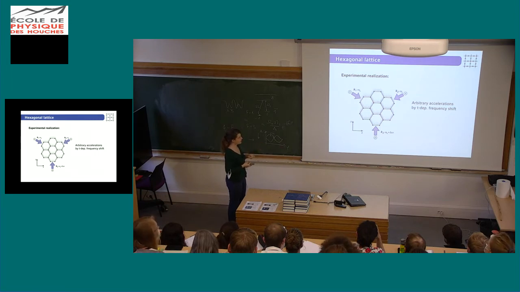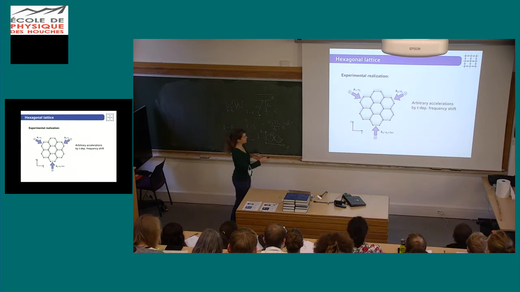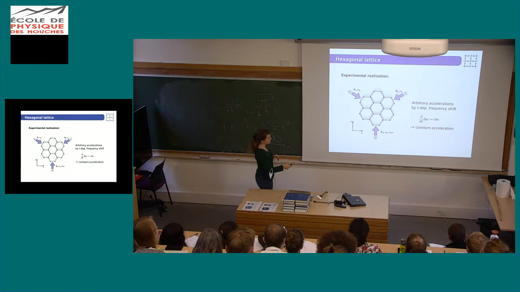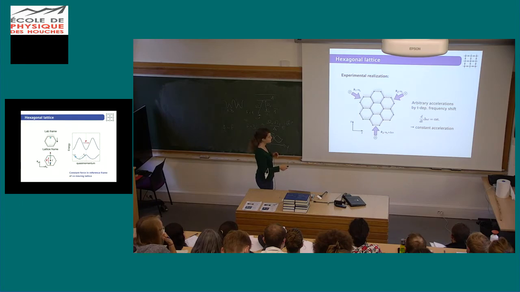Now there's a second technique for that, which is accelerating the lattice. I should first say that the hexagonal lattice is generated by interfering three lattice beams under an angle of 120 degrees. We can accelerate the lattice by detuning the frequency, so then the lattice will start to move. And if we change the frequency linearly, we get a constant acceleration.